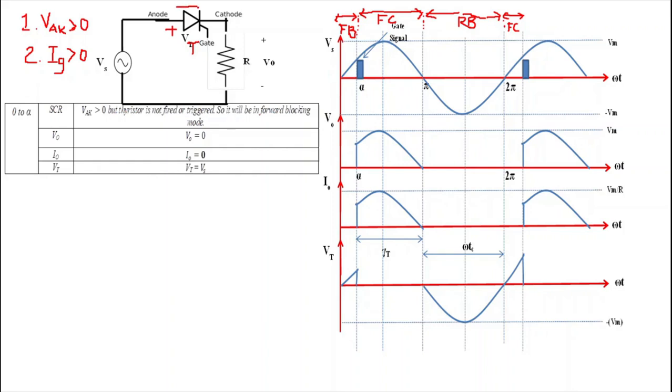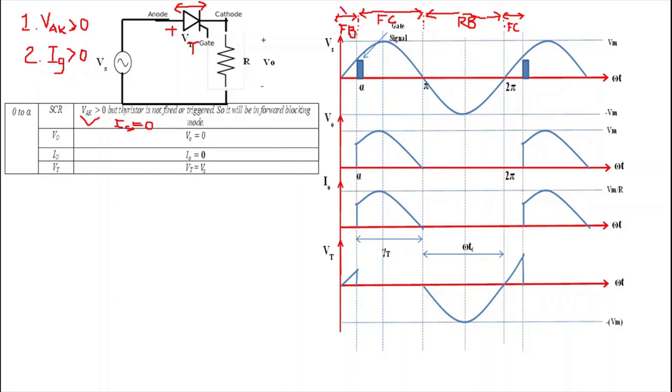If I ask you what is the mode of operation of this thyristor from 0 to alpha, we know that VAK is greater than 0 from 0 to alpha, and the gate current is not applied yet. That's why the thyristor is in forward blocking mode. So from 0 to alpha, the thyristor is in forward blocking mode because the gate current is 0.